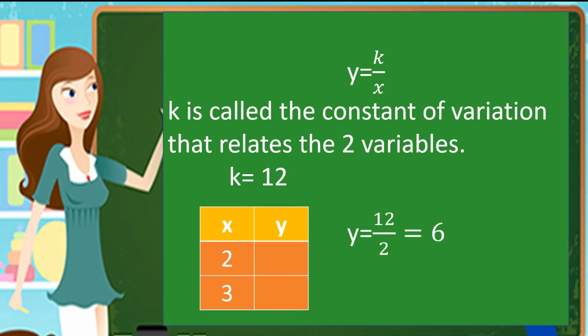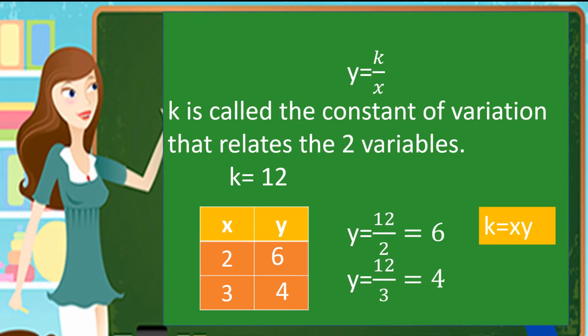So we have y is equal to 12 divided by 2. The answer is 6, and y is equal to 12 over 3, which is equal to 4. So here is our table of values, the values of x and the values of y.